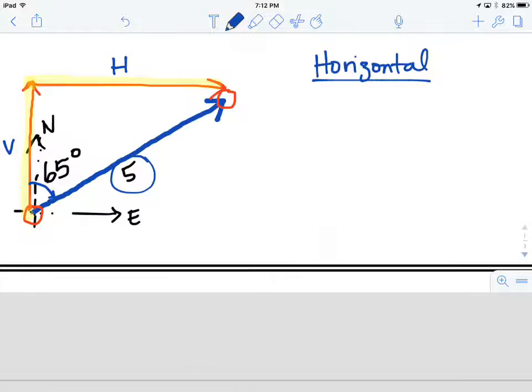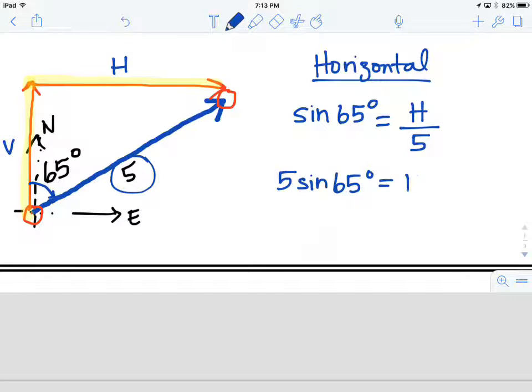Since this is the opposite and this is the hypotenuse, that's the sine ratio. The sine of 65 degrees is equal to this horizontal side length divided by 5. That's exactly what the sine ratio tells us to do. When I manipulate this, 5 sine 65 is equal to h.